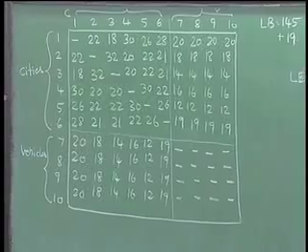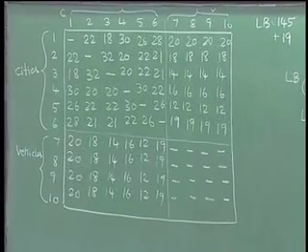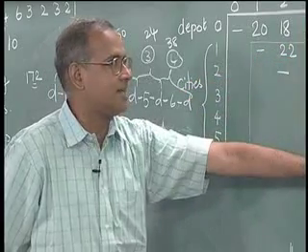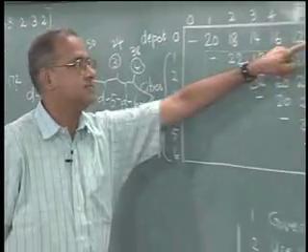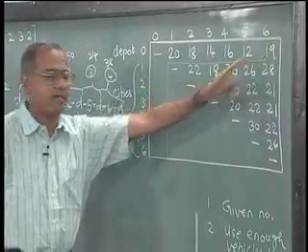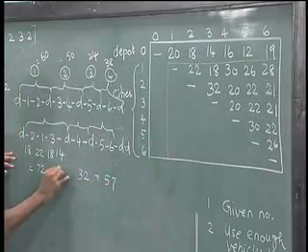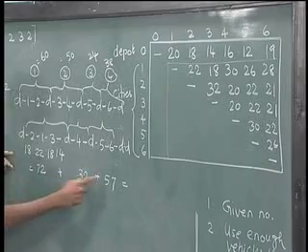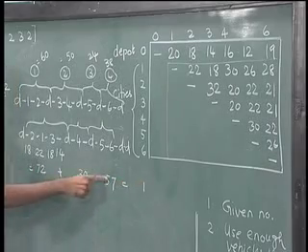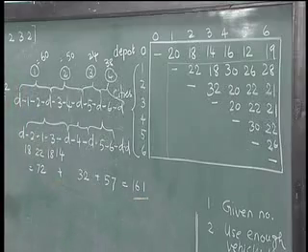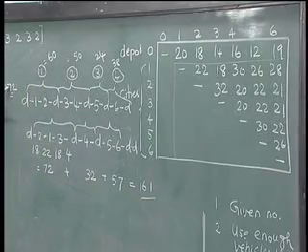D4D would be 32, D to 5 is 12, 5 to 6 is 26, 38, 38 plus 19 is 57 plus 57. So, this would give us 2 plus 2 4 plus 7 11, 6 plus 3 9 plus 7 16. So, this would give us a solution which is less than this.